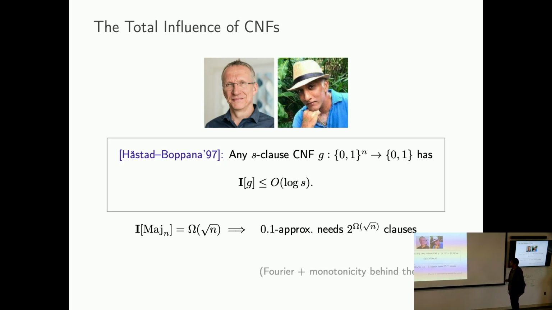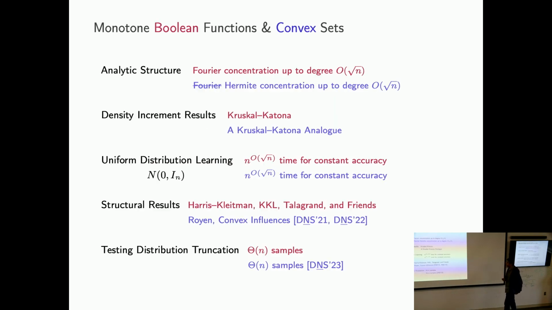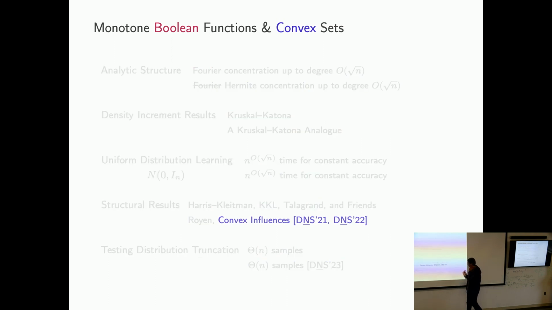Good. So we want to execute the same strategy in this convex setting instead of the Boolean one. But in order to do this, we need a notion of influence. Thankfully, a few years ago, my co-authors and I stumbled upon a notion of influence for convex sets in a completely different setting.